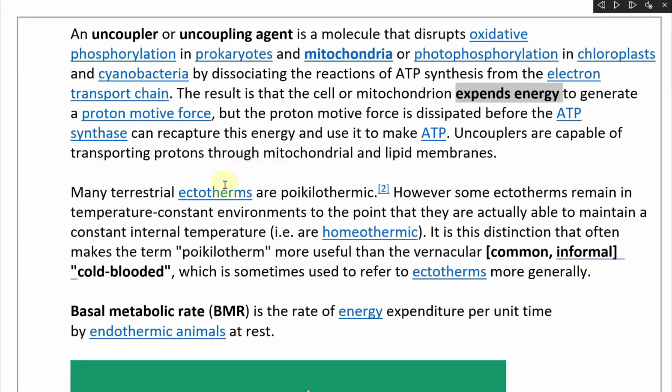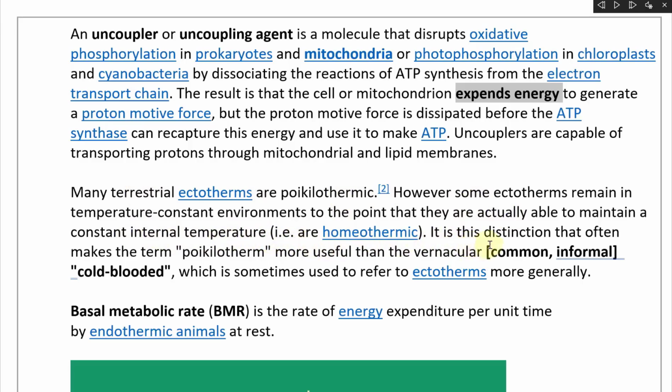Anyways, many terrestrial ectotherms are poikilothermic. So ectotherms that don't produce their own body heat or produce very little. However, some ectotherms remain in temperature-constant environments to the point that they're able to maintain a constant internal temperature, i.e. are homeothermic.